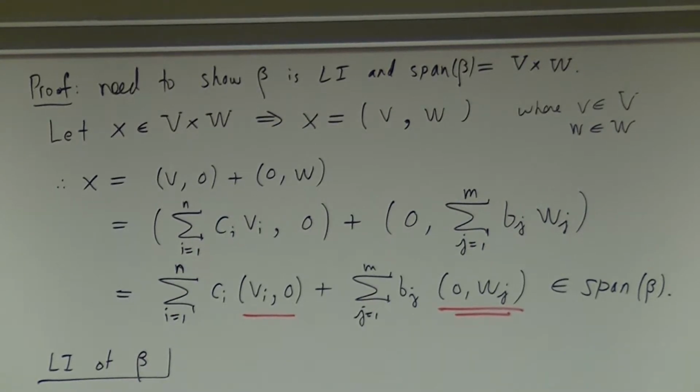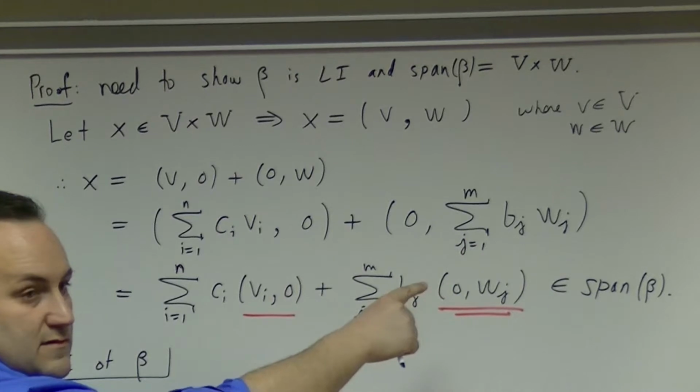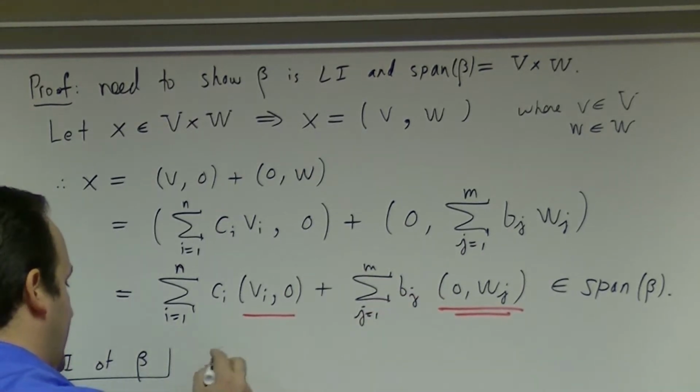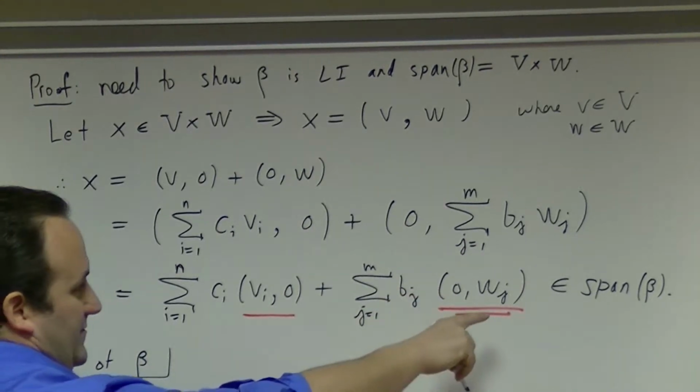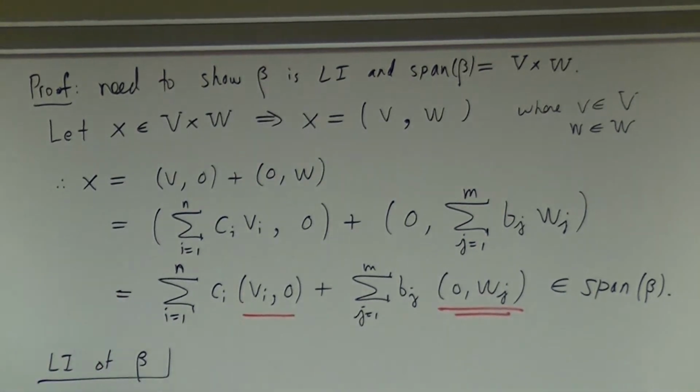Yes. Try to show the coefficients. I agree. So what's a linear combination of things in the basis of beta? It's this thing right here, right? So basically just take the formula above and set it equal to 0. That's the condition that I need to investigate, right?